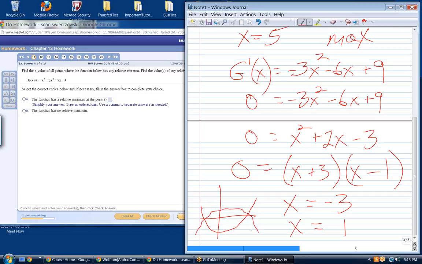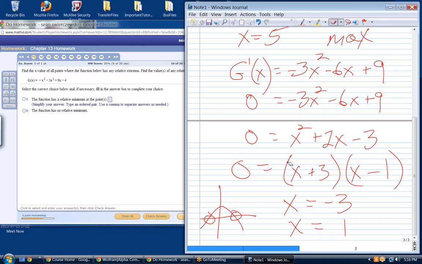We don't know what kind of parabola it is, because if it's the first case, then this is the maximum and this is the minimum. If it's the second case, then this is the minimum and this is the maximum. Notice this one goes from negative to positive.